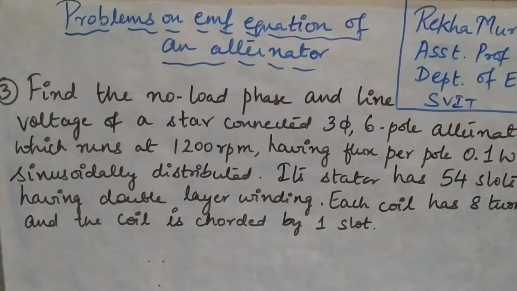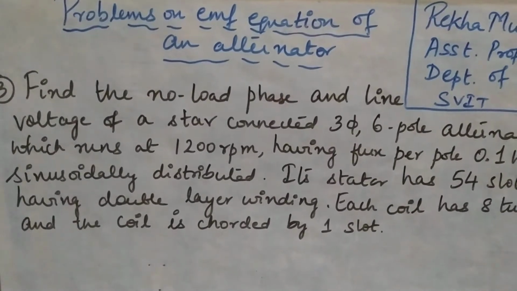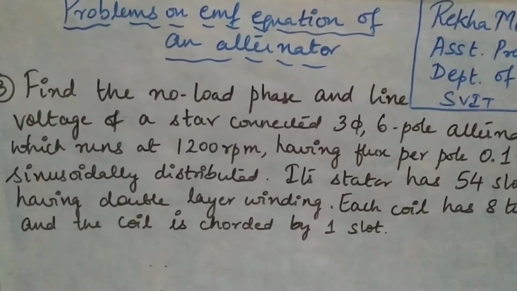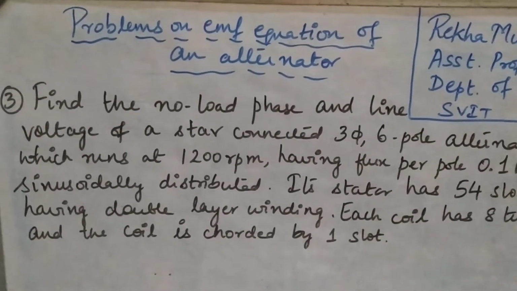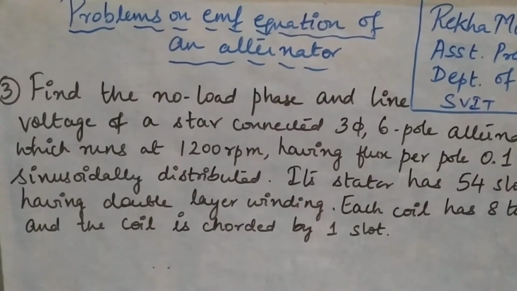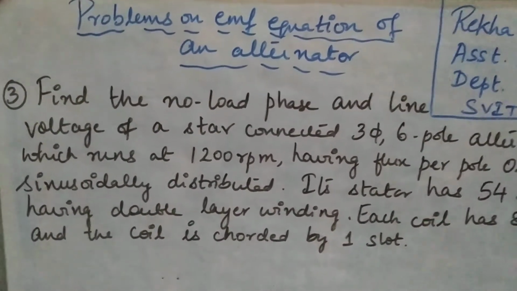So here we need to find out the no load phase and the line voltage, that is nothing but the EMF. As we have solved in the previous two sessions, we make use of the EMF equation of an alternator. In the same way, we have to solve this.